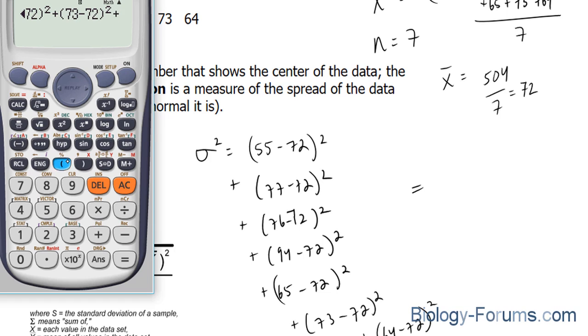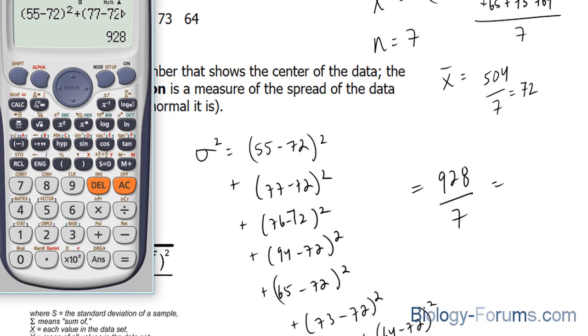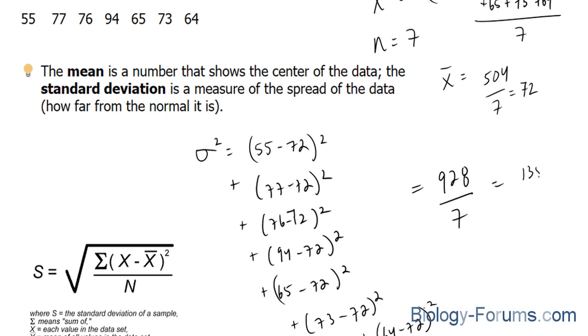Lastly, the answer we get is 928, and we'll then divide this number by 7, which will be 132.57. That is our variance.